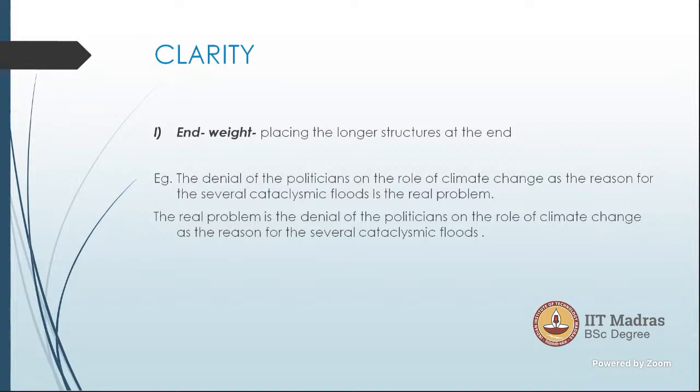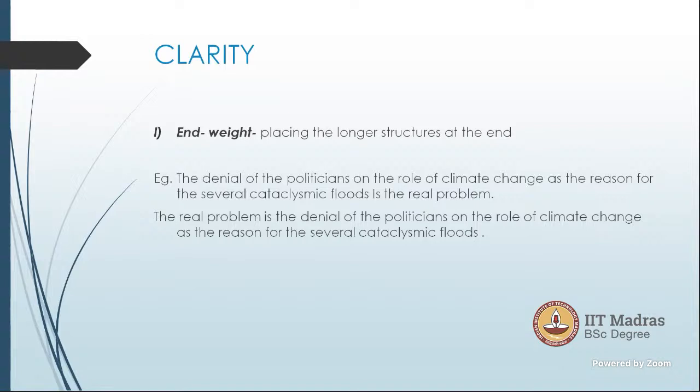Always keep the longer part for the predicate, positioned after the verb, because that is better for retention of meaning and clarity. That is the understanding by which the end weight principle works too, right? So place the longer structures at the end.